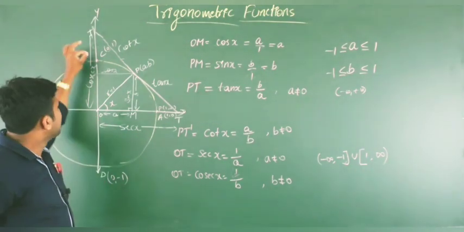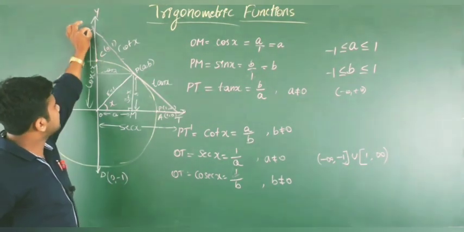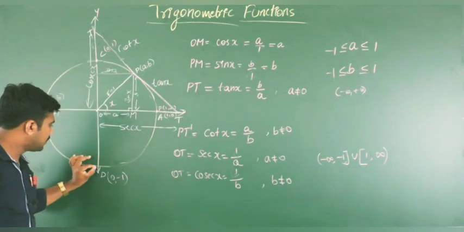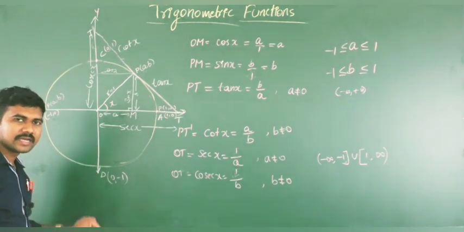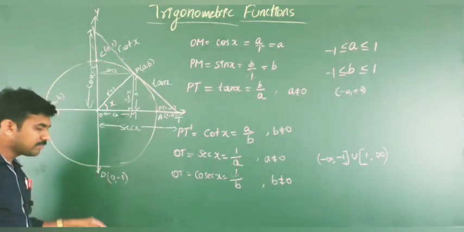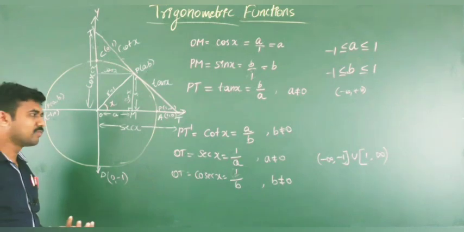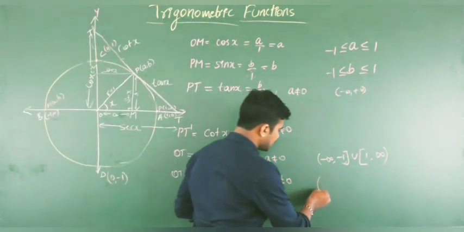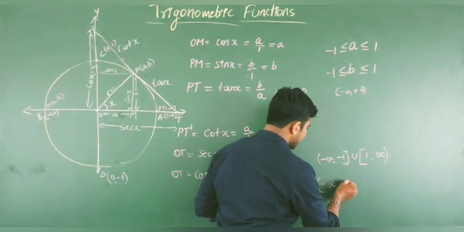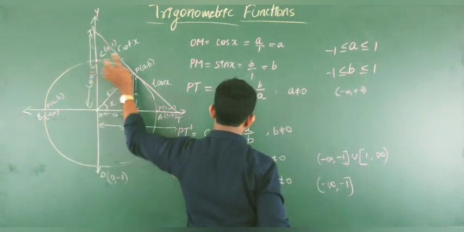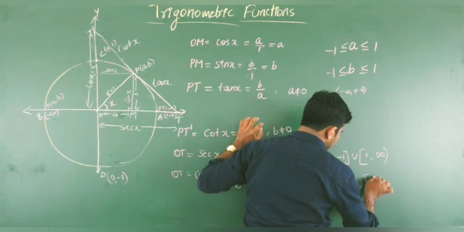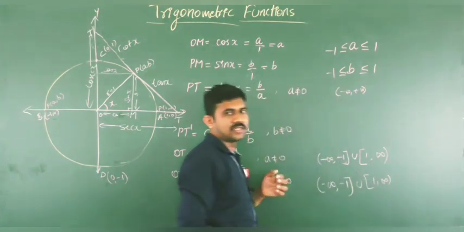Okay, the minimum value here is 1 and the maximum is not defined. Here the maximum value is minus 1, and the minimum is decreasing, not defined, you can take minus infinity. Similarly here also we get the value of cosecant x from minus infinity to minus 1, including minus 1, and here 1 to infinity, like this.